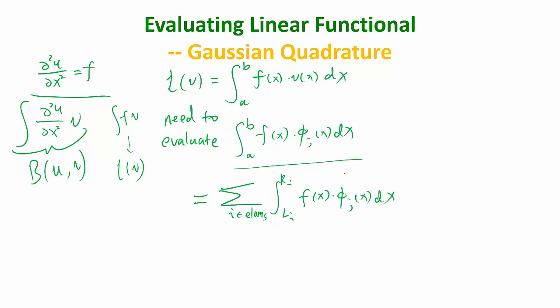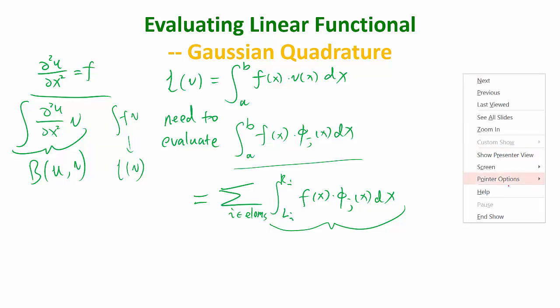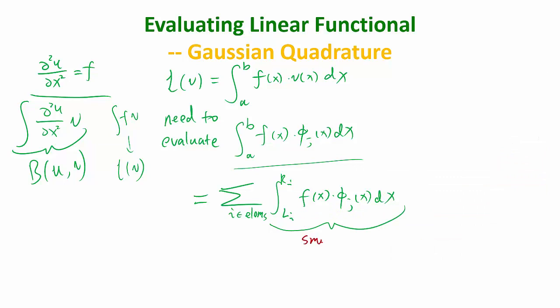So if you have any discontinuities or non-smoothness of f or phi, you split that up so that both f and phi are smooth within that single element. Now it becomes a very simple question. How do you numerically integrate a smooth function within an element? So now the question is, this is a smooth function.